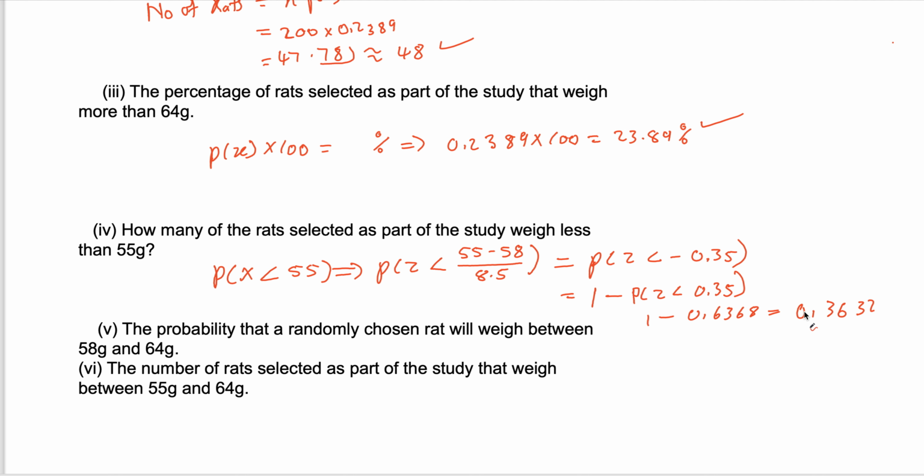So that's your final probability answer for getting something that weighs less than 55.